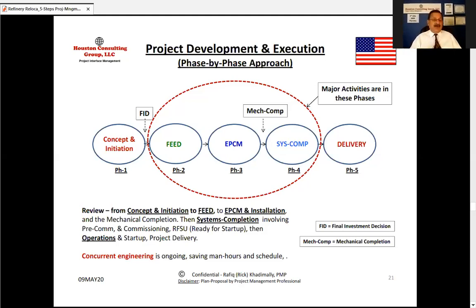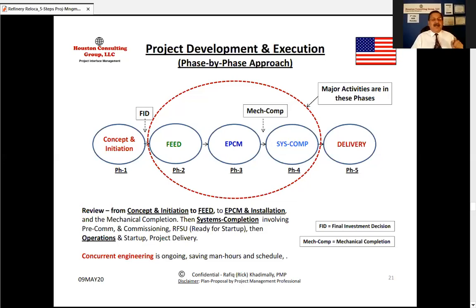So if you review from concept and initiation to FEED, to EPCM and installation and mechanical completion, then systems completion involving pre-commissioning and commissioning and RFSU, which is ready for startup, then operations and startup, and project delivery.